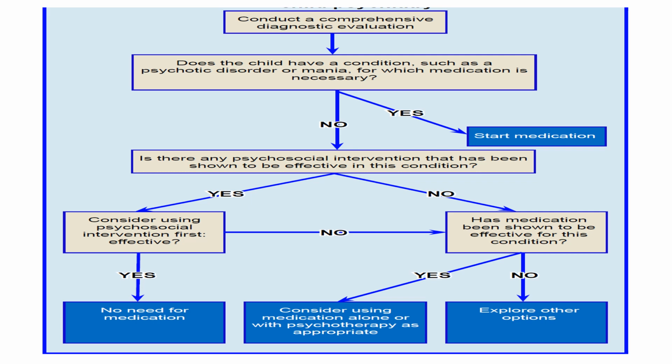If the psychosocial intervention, like counseling, is effective, then there is no need for medication; just give counseling to that patient. But if it is not effective, then again you have to think about whether some medication is available.